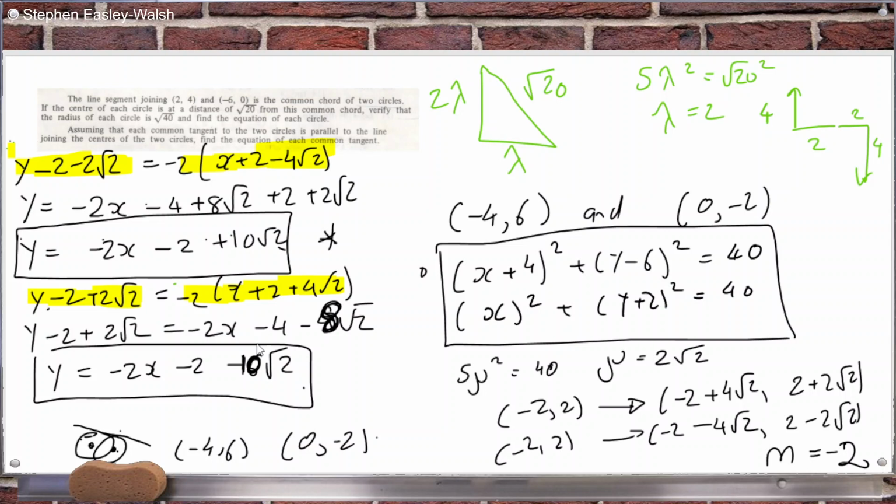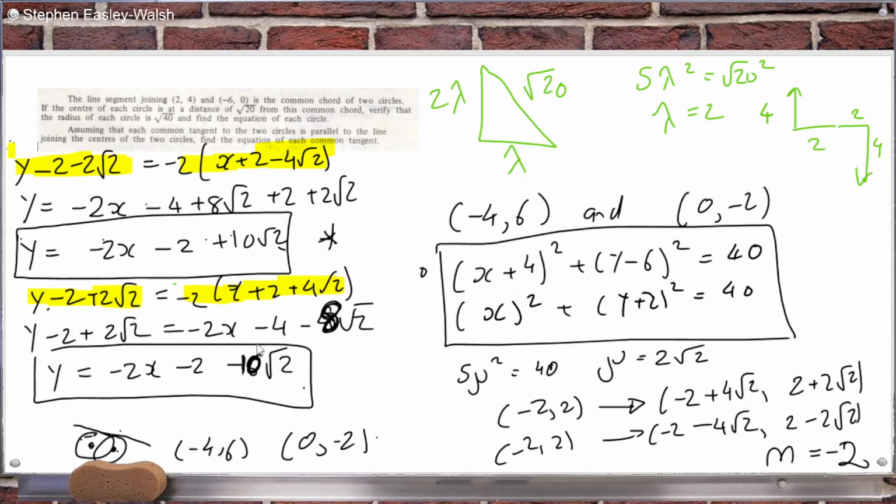2 times minus 4 plus 6 plus 2 plus 10 root 2 divided by root 5. Yep, that's root 40 distance. Okay, and finally, might as well complete it. Let's check on the calculator.